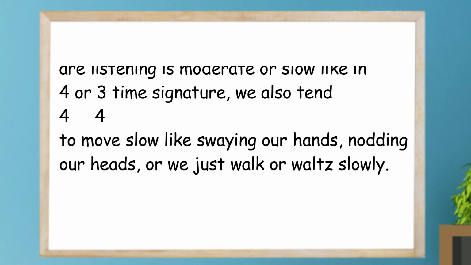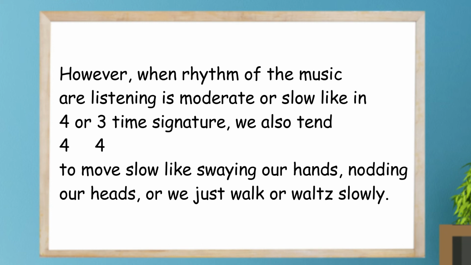However, when the rhythm is moderate or slow, like in 4/4 or 3/4 time signature, we also tend to move slowly, like swaying our hands, nodding our heads, or we just walk or waltz slowly.